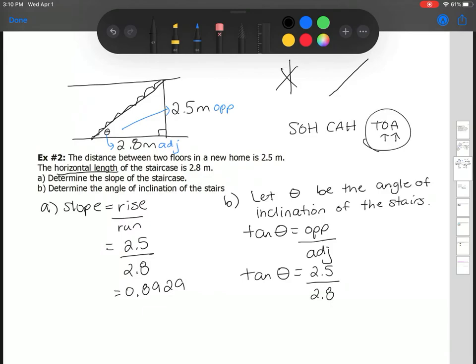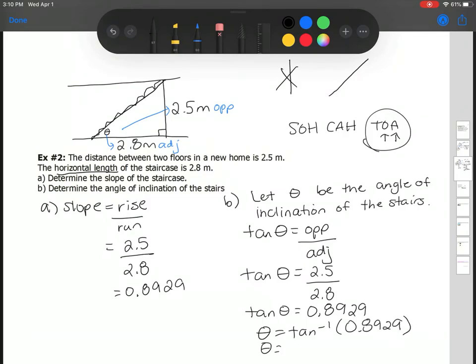Okay, so again, you can choose to do the inverse tan and leave the 2.5 over 2.8, or you can change it. And then to get theta by itself, you have to do tan inverse.